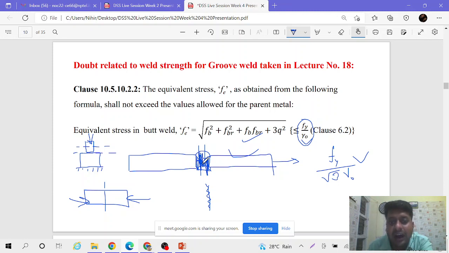Because of these voids, when you apply the load, it will try to compress and come in contact with each other, so some portion of this weld will not behave like it is attached with the plate, and it will transfer that load through bearing. So this is the bearing in that groove weld, and that's why we are considering bearing in this groove weld.